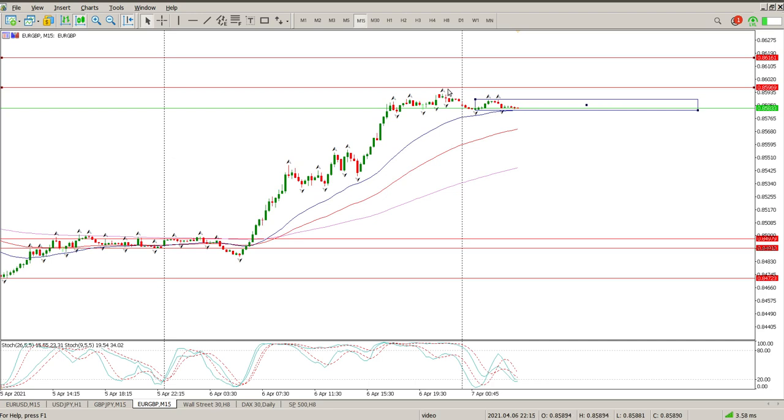The stop area for this one is pretty much above this area here, provided we break below the structure that's forming. So provided we break below the structure that's forming here, then stop is going to be above this level here. If we break to the upside, I'll be waiting up here for a short.